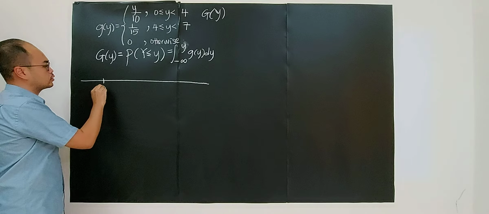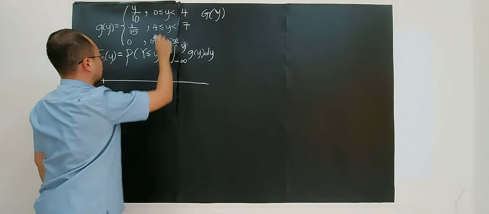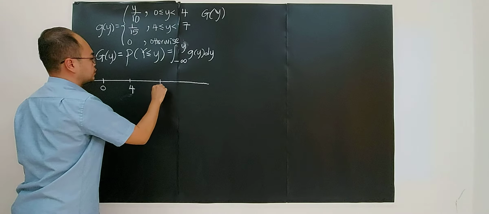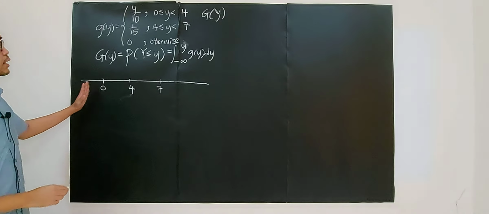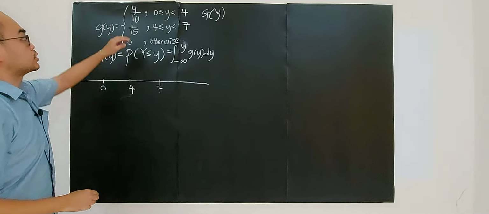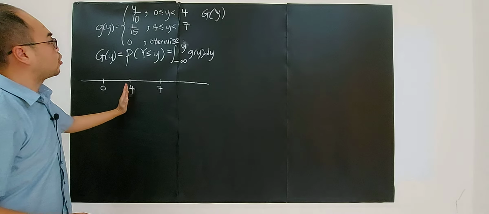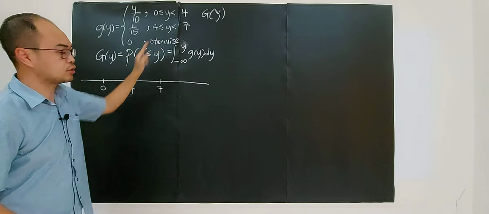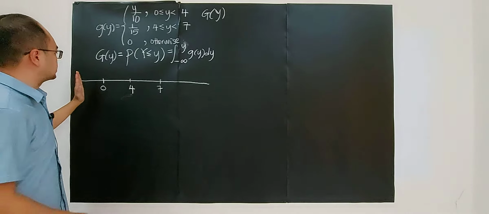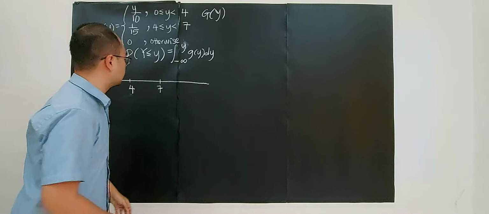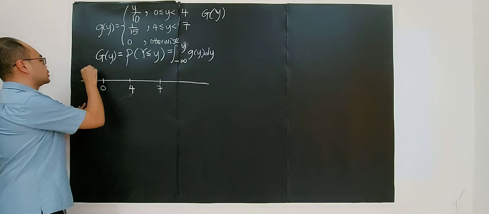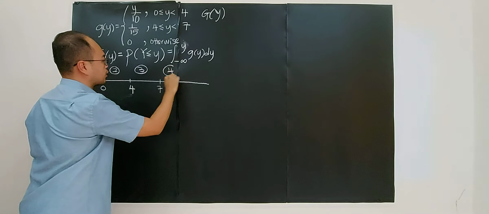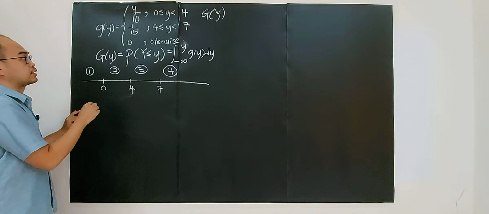You have 0, 4, and 7, so just put all the boundary values here. This divides the line into 4 intervals. I'm going to label them 1, 2, 3 and 4, just for guidance, so that you can have a better understanding.